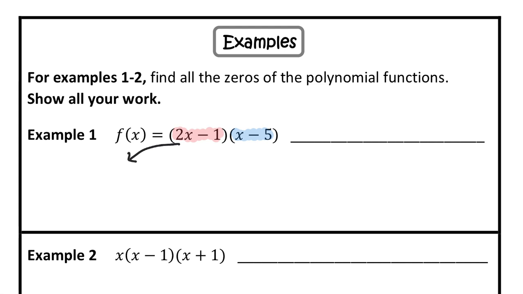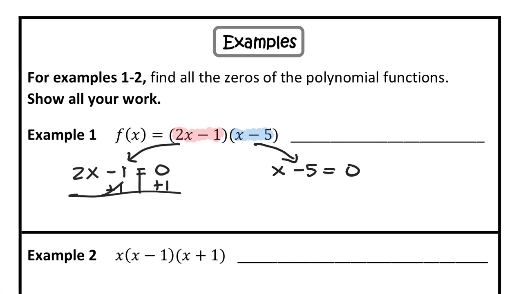So I'm going to bring this one over here. It's 2x minus 1. Set it equal to 0. And this one over here, x minus 5 equal to 0. Solve for x. So +1, +1, 2x equals 1, divide by 2, divide by 2.